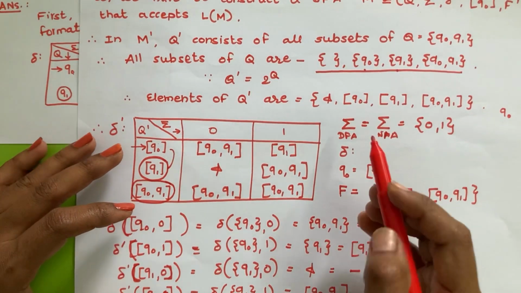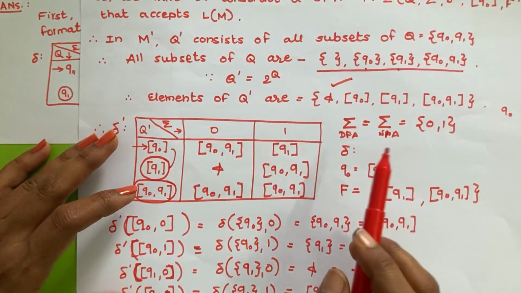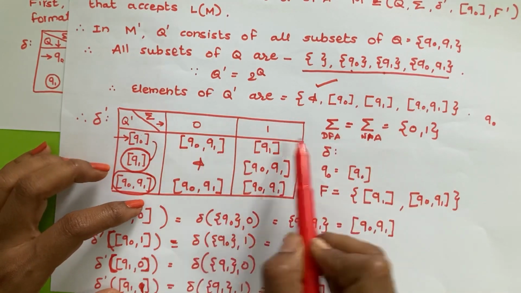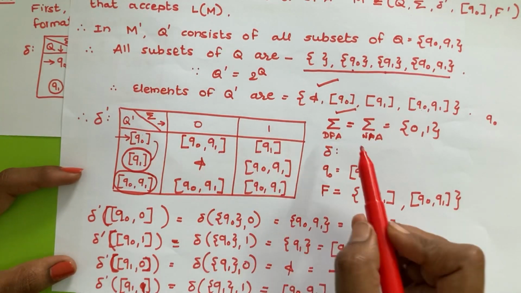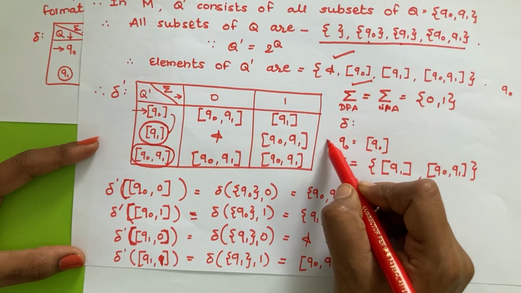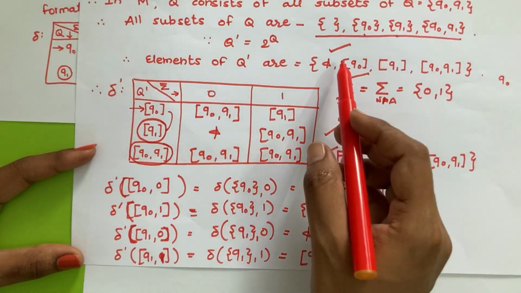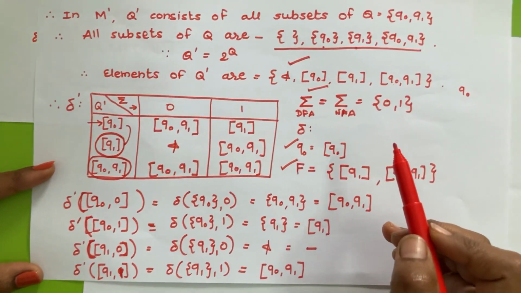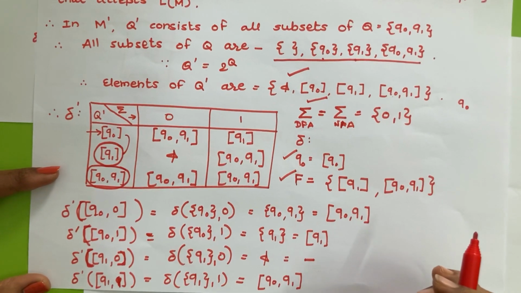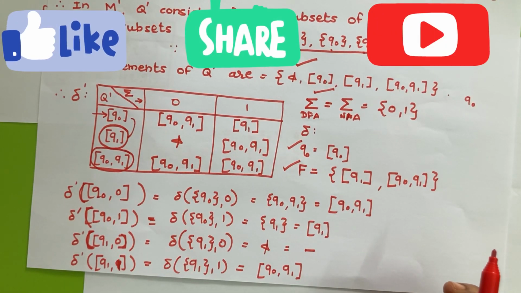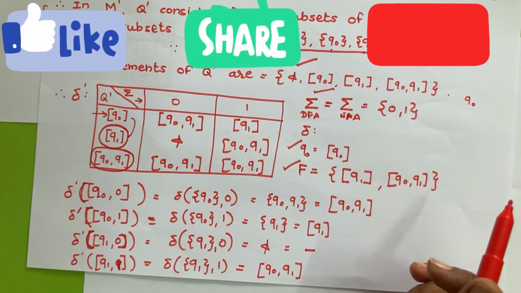So we have received Q', the first element of the DFA, then Σ, then δ, where we have completed all the entries of δ. Next we have the initial state of the new DFA and the final states of the new DFA. So we have received all 5 tuples of the DFA, and we have converted the given NFA into the corresponding DFA. Hope you have understood all the points related to conversion of NFA to the corresponding DFA.